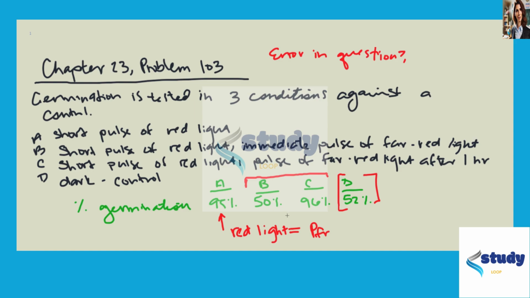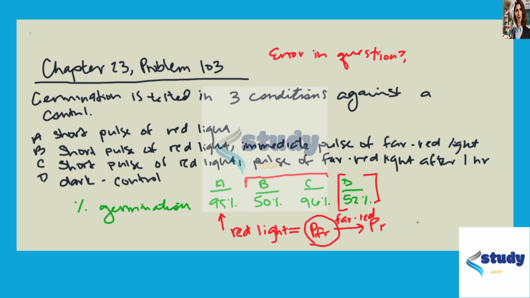So what this seems to suggest, if you read through the options, is that red light effectively converts phytochrome to its PFR or active form. Now, after an hour, it seems that the far red light, which converts phytochrome back to its inactive state, PR, has no effect on germination rate.